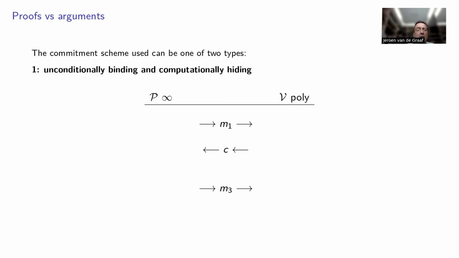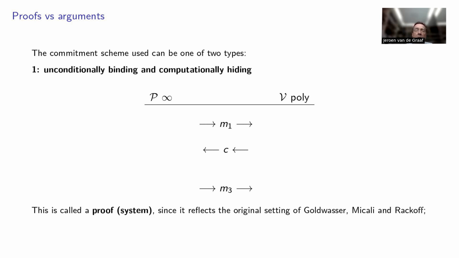So in that case, it's unconditionally binding, meaning that the prover is considered to be infinitely powerful, whereas the verifier is only polynomial time. And if you remember from my previous module about proofs, this is exactly the setting of Goldwasser, Micali, and Rackoff when we talked about interactive proof systems.